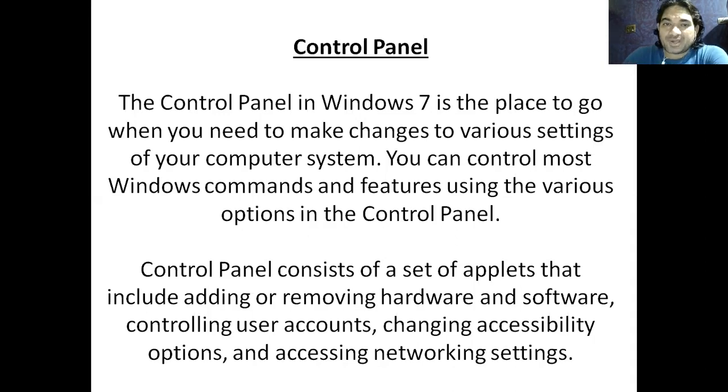Control panel in Windows 7 is the place to go when you need to make changes to various settings of your computer system. You can control most Windows commands and features using the various options in the control panel.